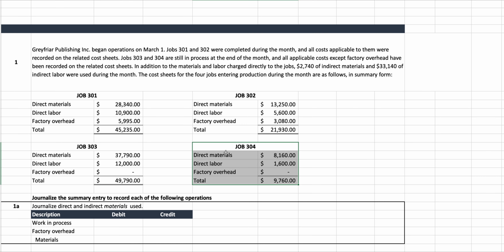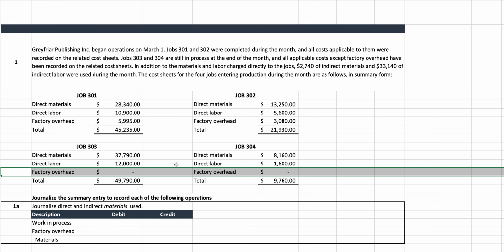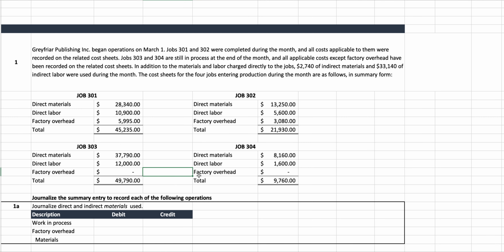So we've added some direct materials and direct labor, but we haven't applied any of the factory overhead. So in addition to the materials and the labor that we've already charged, we have an additional 2,740 of indirect materials and 33,140 in indirect labor.